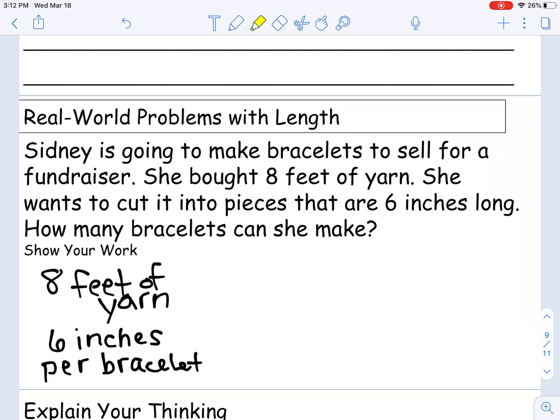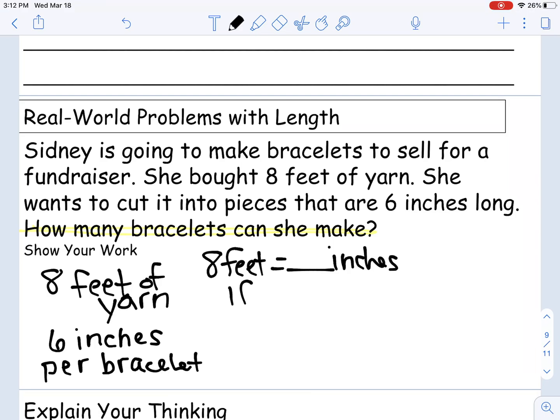And I need to know how many bracelets she can make. Before I can figure out how many bracelets she can make, I need to know how many inches of yarn she has because the measurement is in inches to make the bracelet. So step 1 is going to be 8 feet equals how many inches?